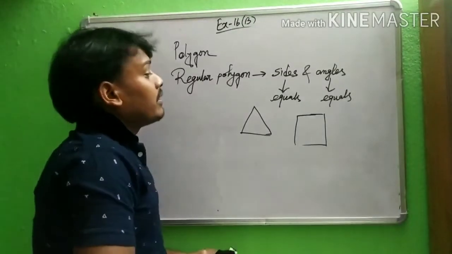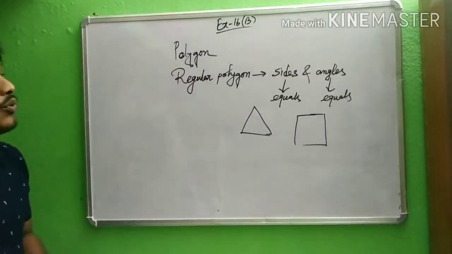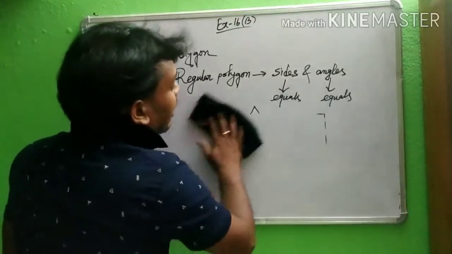Now, how do we find the area of a polygon?